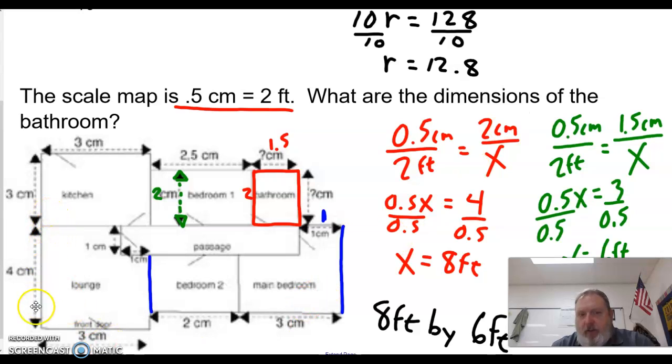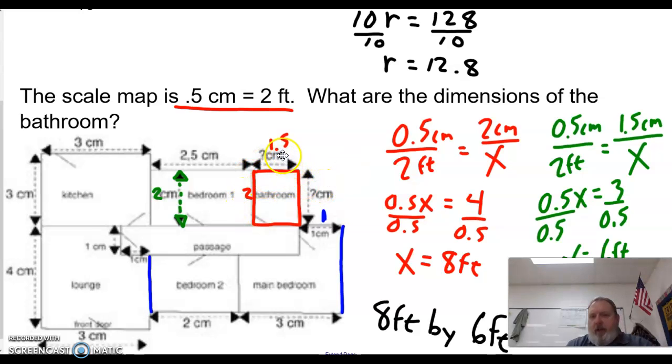So if we just look at this, we can see this full side right here is 7, and we can see all the way across here it actually ends up being 8 centimeters, and so that allows us to find some of these missing values here. And what happens is we find out that this is actually 2 centimeters here, and this one here is 1.5, but we'll get to that in a minute.